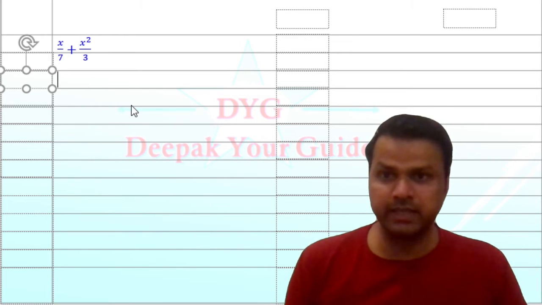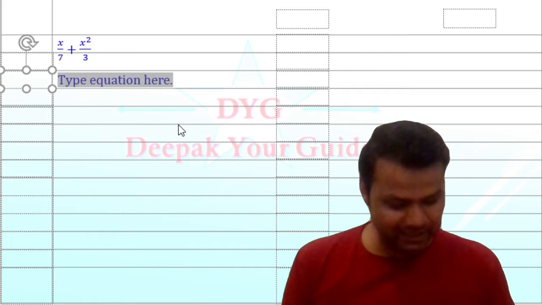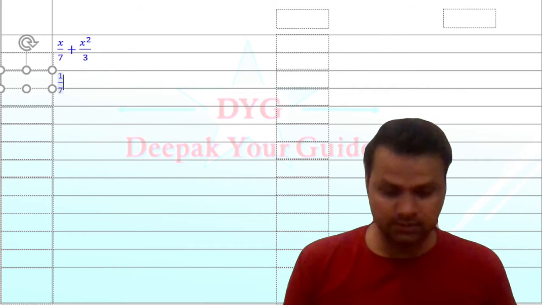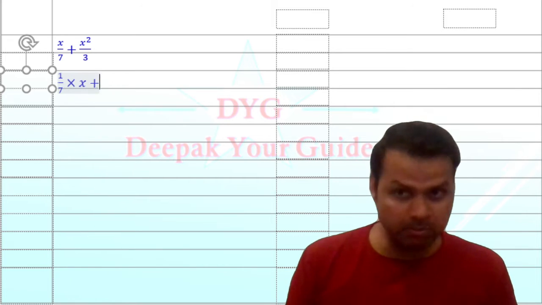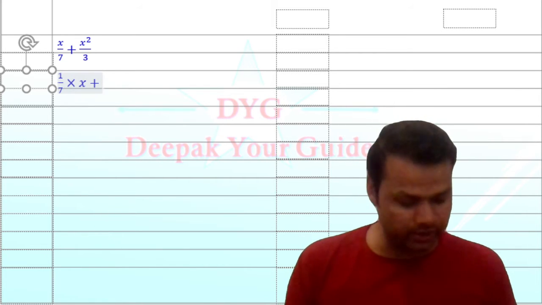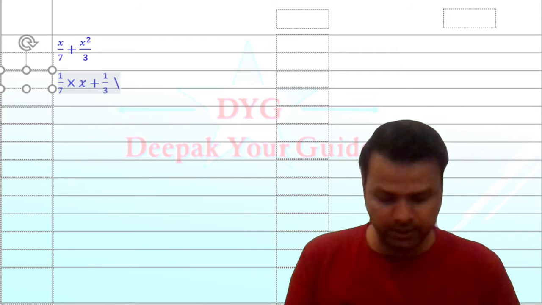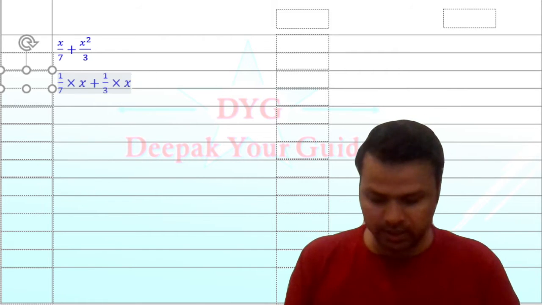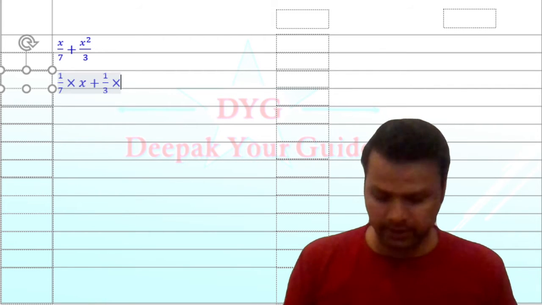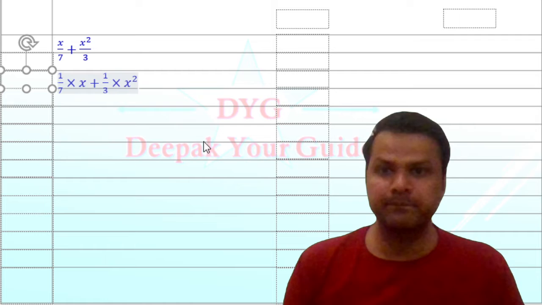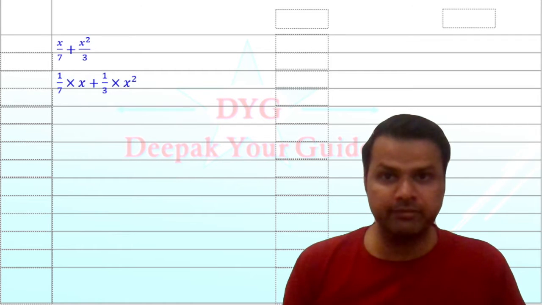If we have got this x divided by 7, now tell me, can I not write this term as 1 by 7 multiplied by x, plus the same thing I can do here: I can write 1 by 3 multiplied by x squared. Now I think you can identify what can be the coefficient here.